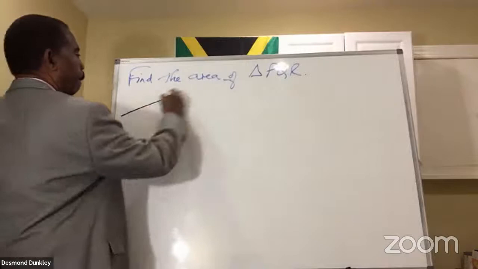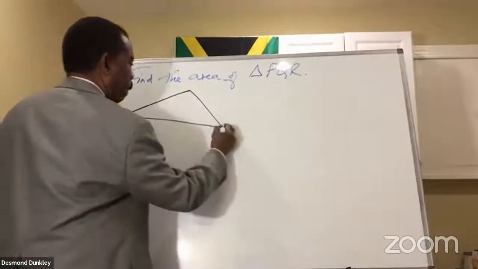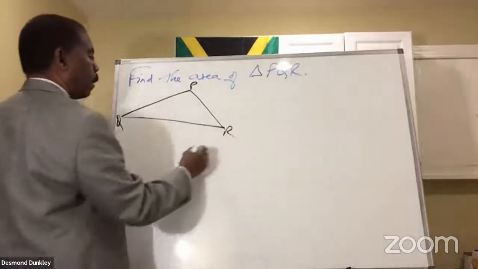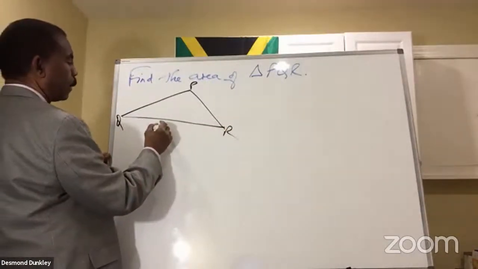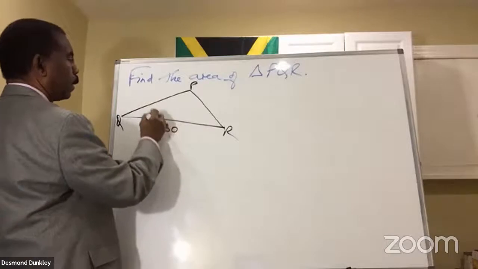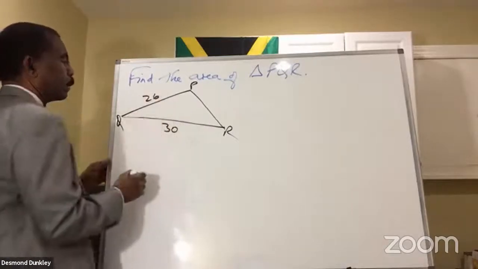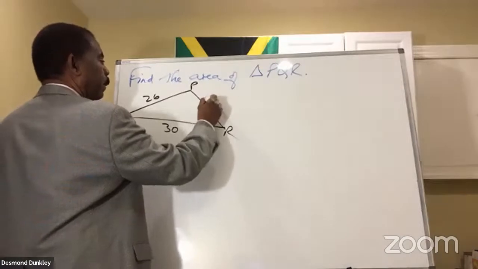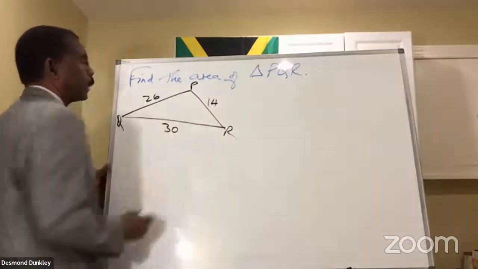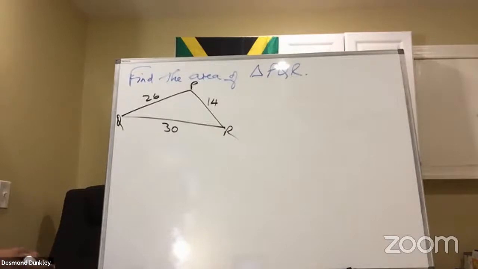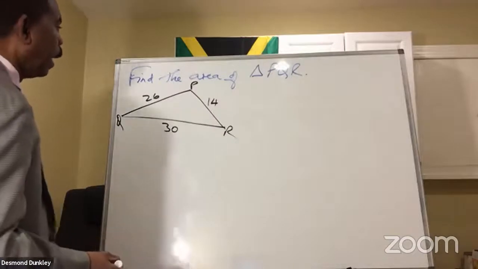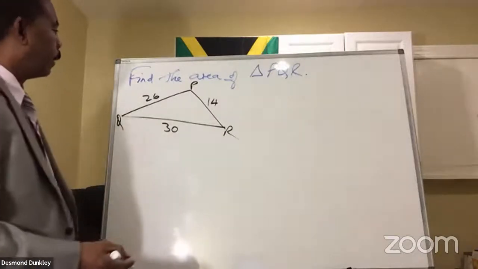P, Q, R. So we could go here and put 30, 26, and let's put 14. Okay, let's see. All right then.